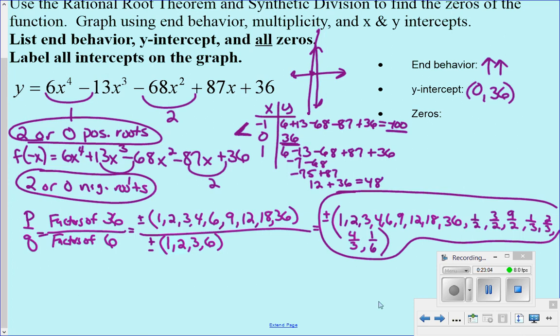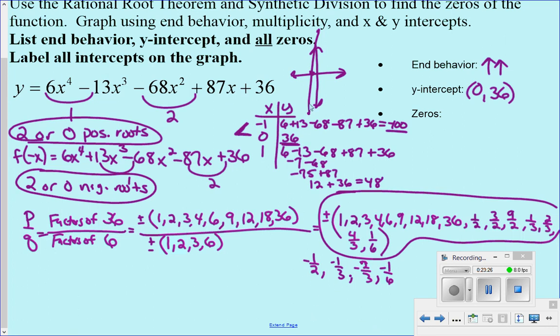So that would be -1/2. That's not between 0 and -1. That's not between 0 and -1/3. -2/3. And that's not between, and -1/6. So the 4 values that I have to check using synthetic division are those 4 fractions.